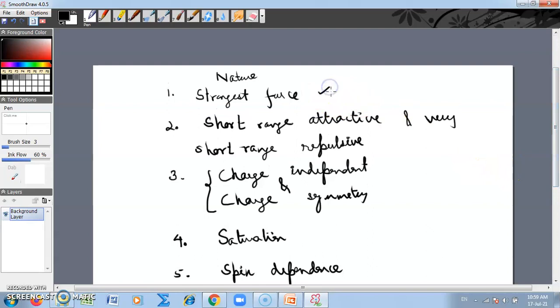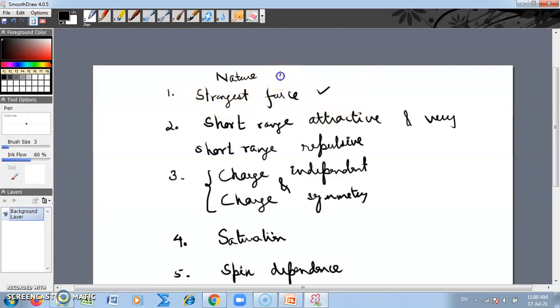Strongest force in nature, I don't think there's much to explain here, because we have got the gravitational force, electrostatic force, and electromagnetic force, and other forces. Among all those forces in nature, the nuclear force is the strongest.